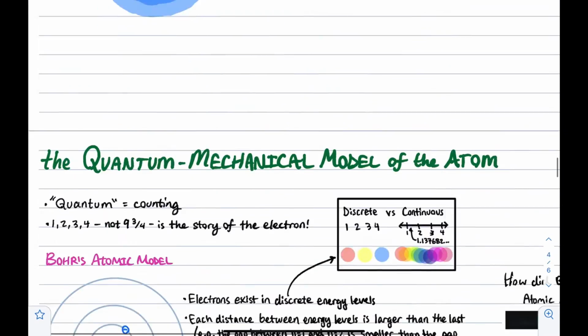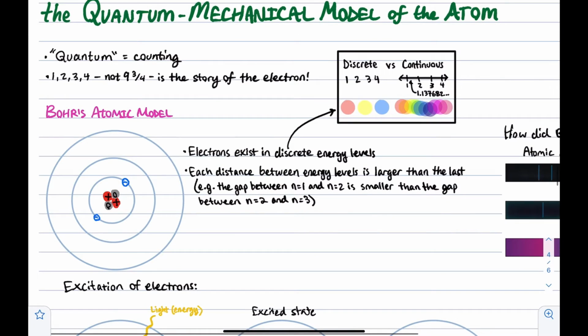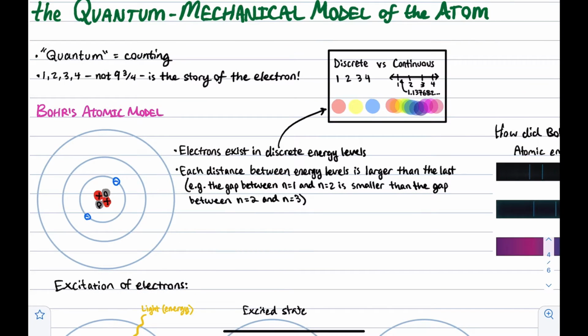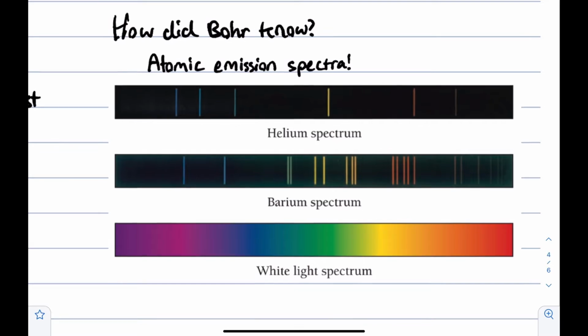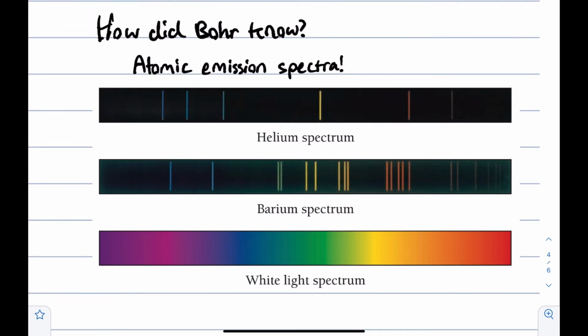So what the heck is the quantum mechanical model of the atom? It's saying that when Bohr took these emission spectra, when electrons got excited in a certain atom and then they fell back down and light was emitted, Bohr kind of expected to see a rainbow, because can't electrons just move around anywhere they like?